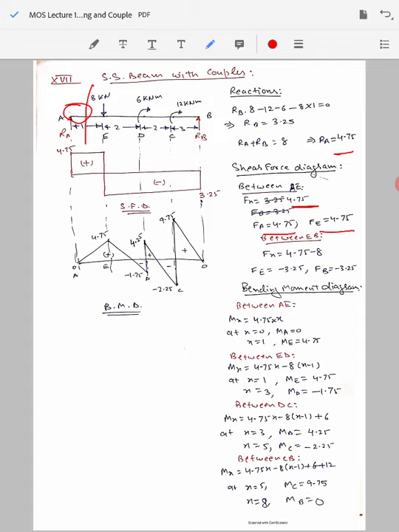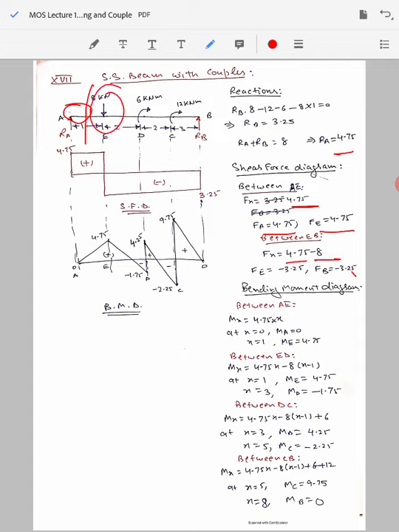Then you can consider the entire span EB. There is nothing happening between the span EB except the couples being applied. As I told you, they don't affect the shear force value, so we write the shear force equation for the entire span EB. That will be 4.75 minus 8, which is acting in the opposite direction.